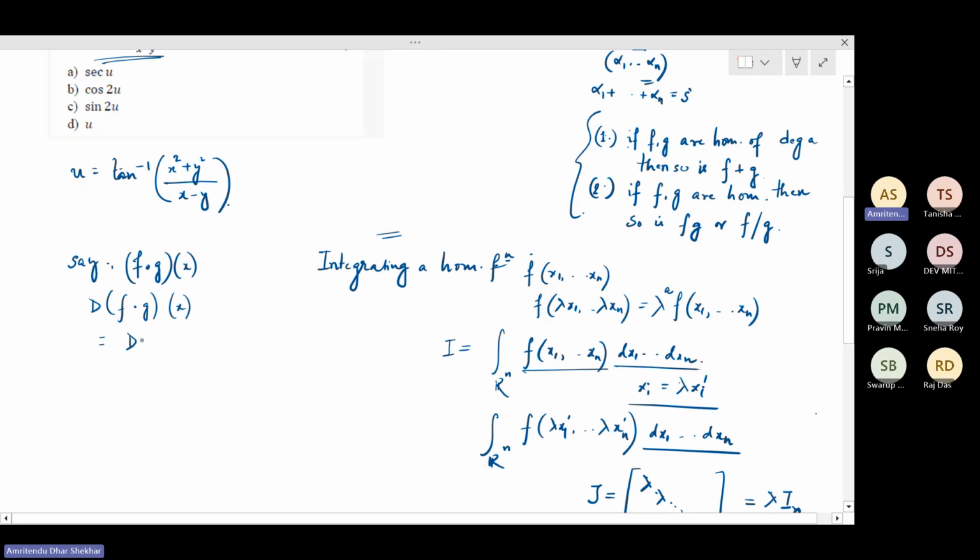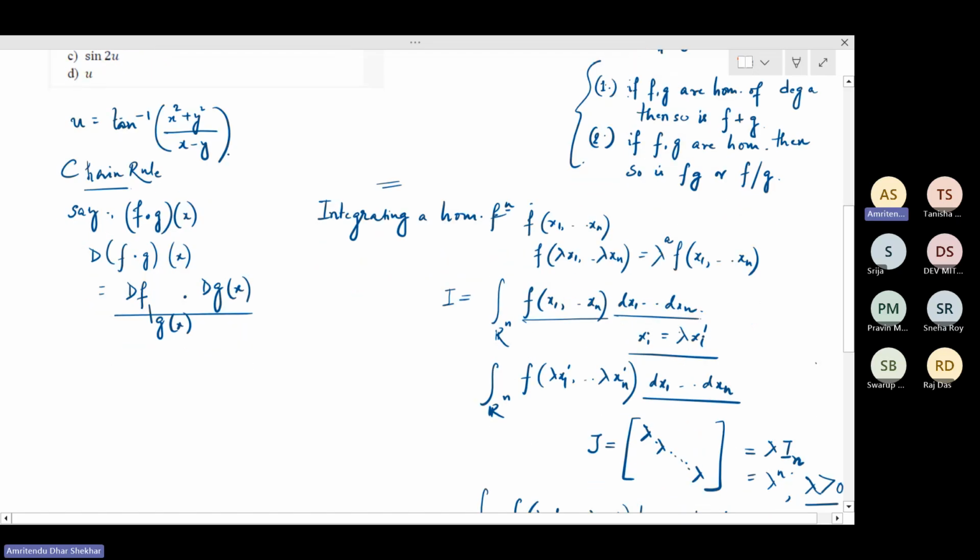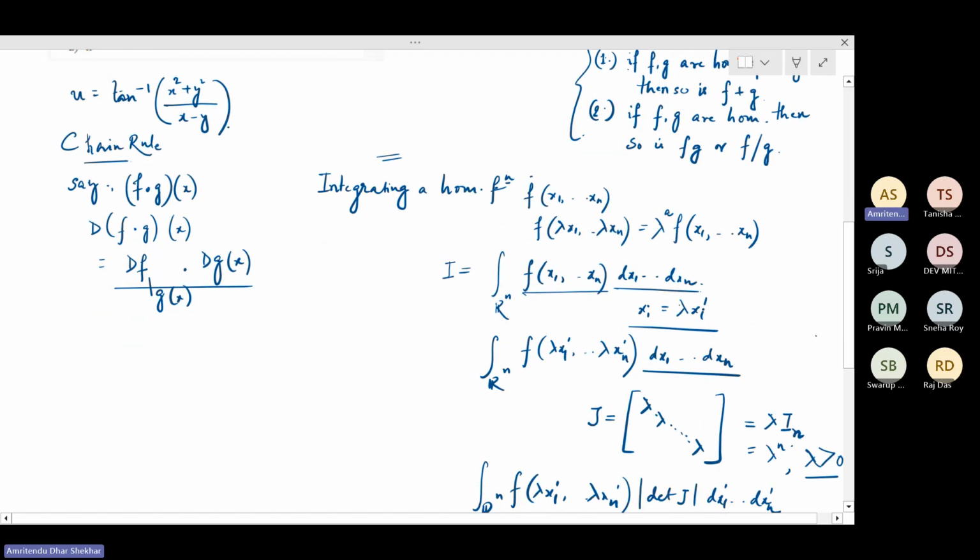It's equal to d of f at the point g of x times the derivative of g at the point x. Okay, so this is called the chain rule. And the chain rule carries over to multivariable calculus as well.